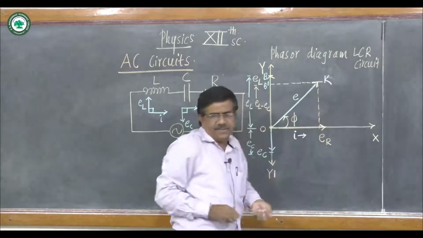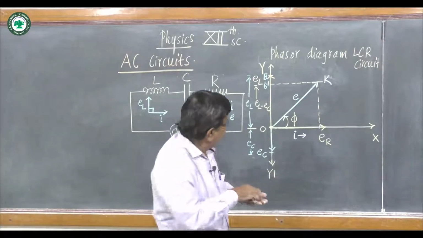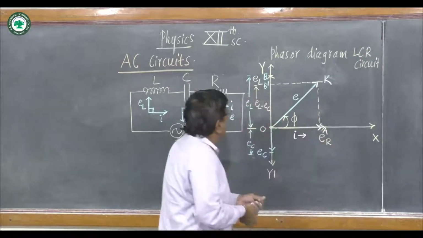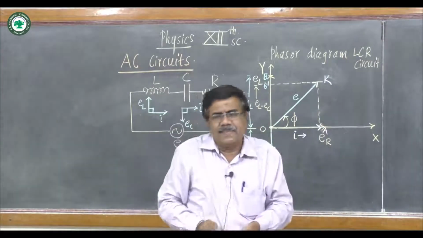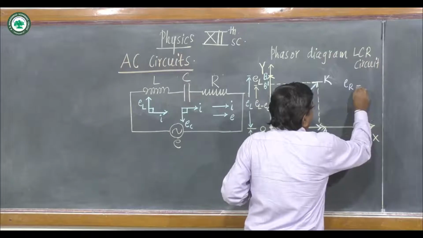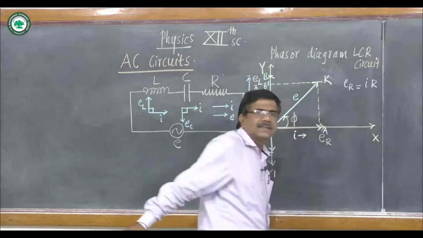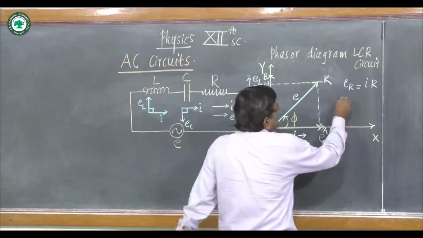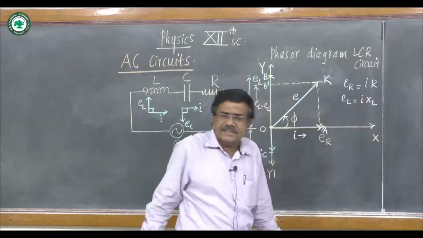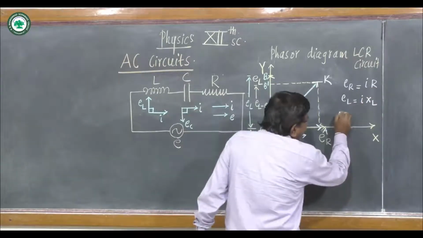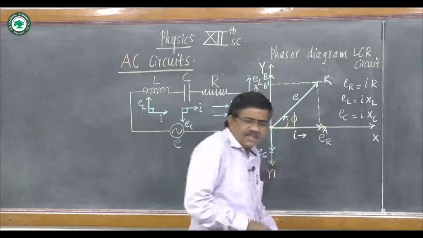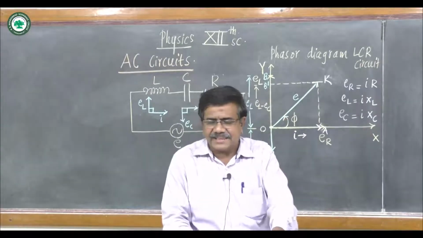If we draw a perpendicular here, suppose that point is point A. As we know, EMF across a resistor is I into R. EMF across an inductor, that is EL, is I into XL, where XL is the inductive reactance, and EMF across a capacitor is I into XC, where XC is the capacitive reactance.